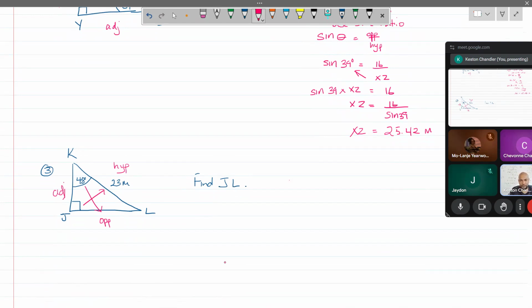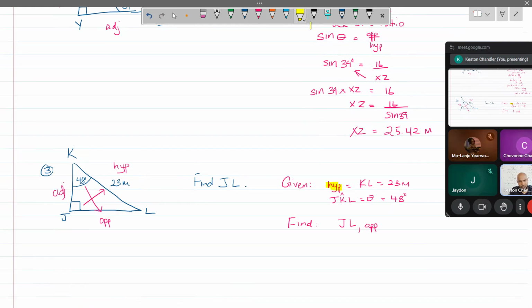So given the hypotenuse, which is KL, is 23 meters. The angle JKL is 48 degrees. We want to find JL, which is the opposite.